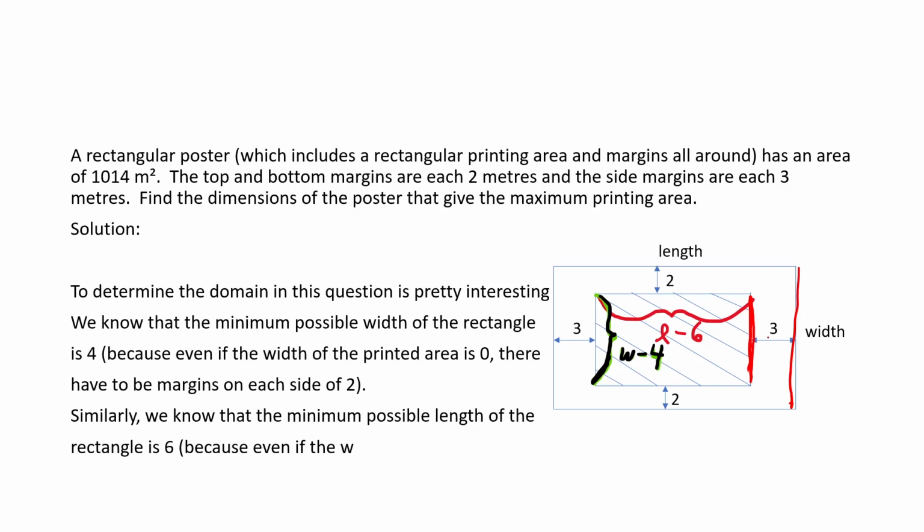But the larger width, the W that we're using in our formula, still has to account for a margin of 2 on the top and the bottom. So even if this shorter vertical line was virtually 0, this larger vertical line would be virtually 4. So we know that 4 is going to be less than W.